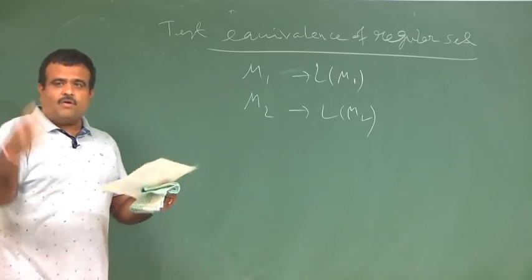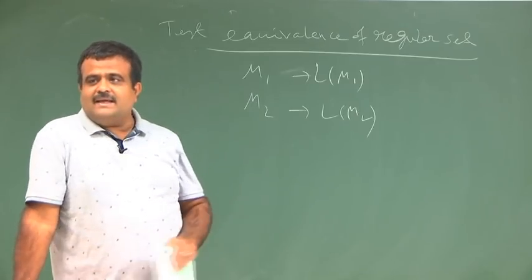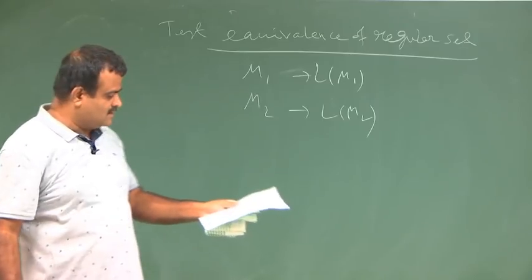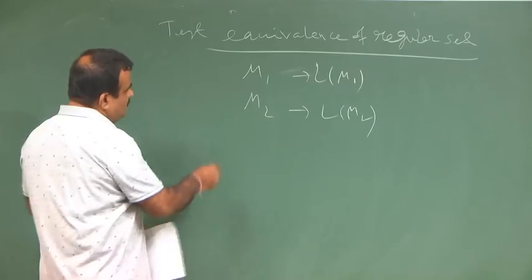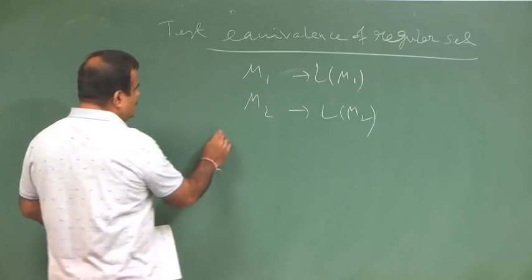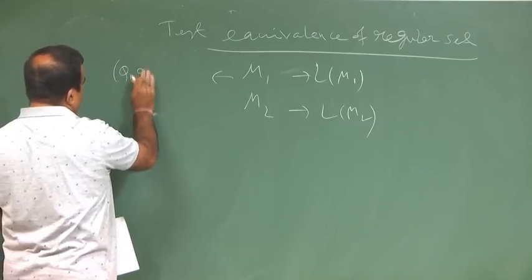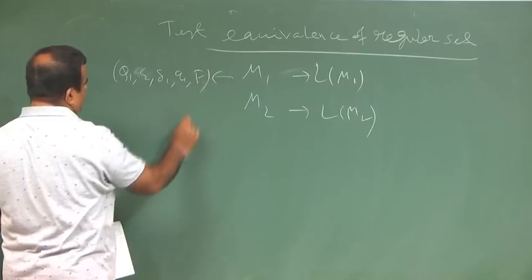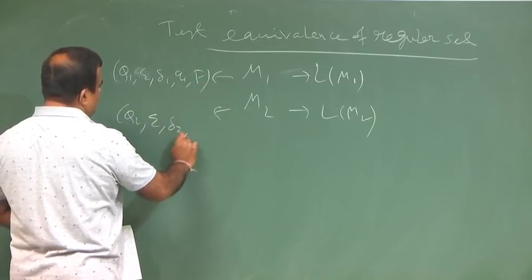So, we can form a combined DFA, and then check whether both the starting states are in the same equivalence class using this tabular method. Suppose this is q 1 with delta 1 and this is q 2 with delta 2.